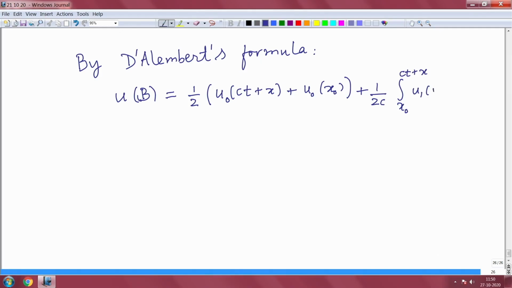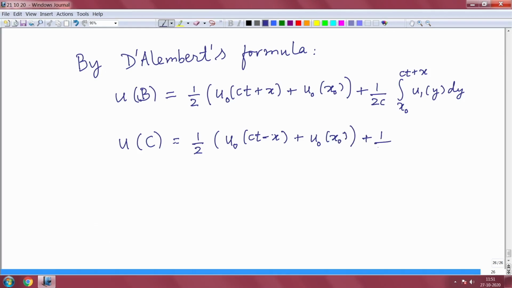Similarly u of c is half of u 0 of c t minus x plus u 0 of x 0, plus the integral of u 1 of y dy, where y is a dummy variable of integration.